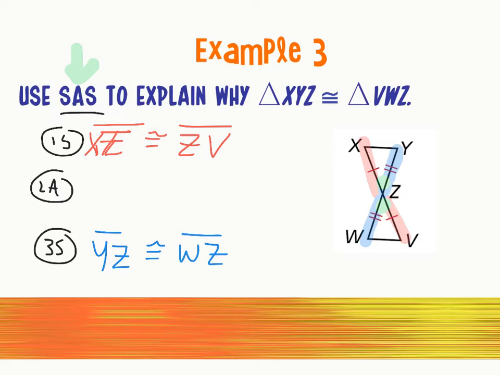So angle XZY is congruent to angle VZW because they are vertical angles.